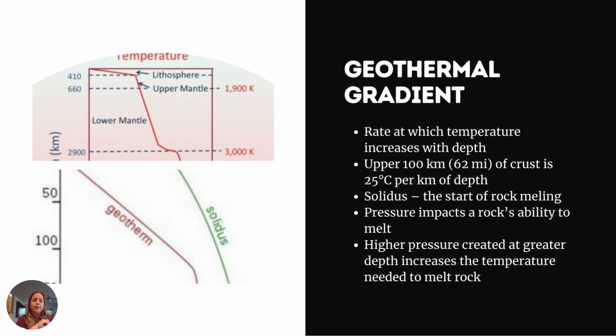When we talked about plate tectonics, there's a lot going on, and depending on where the rocks are being formed, at which type of plate boundary, you're going to see a different geothermal gradient, where things can start to melt sooner than a typical geotherm, or a lot later. And that is just with the addition of water vapor, or the addition of extra hot material. All of those things will impact where things start to melt.